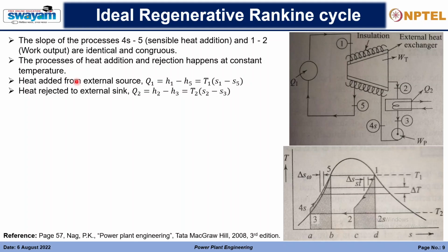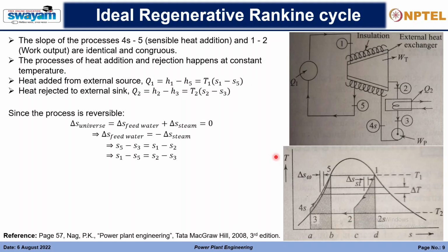Further we can deduce that the heat added from the external source, that is Q1, is H1 minus H5, simply because the sensible heat part is not being supplied from the boiler. It is being extracted from the turbine. So that is T1 times (S1 minus S5), and the heat rejected to the external sink will be T2, constant, times the entropy difference S2 minus S3. Okay, so we got that.